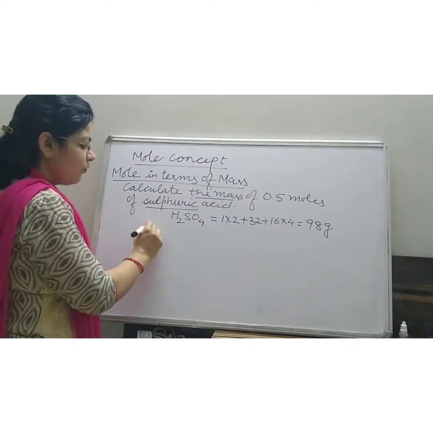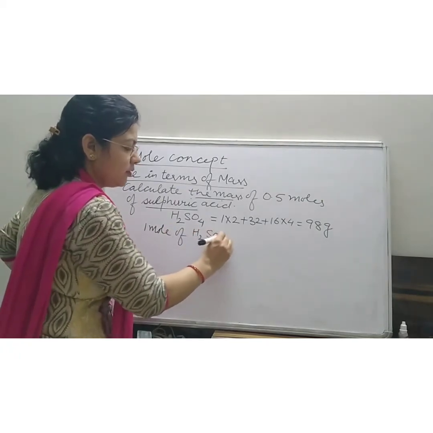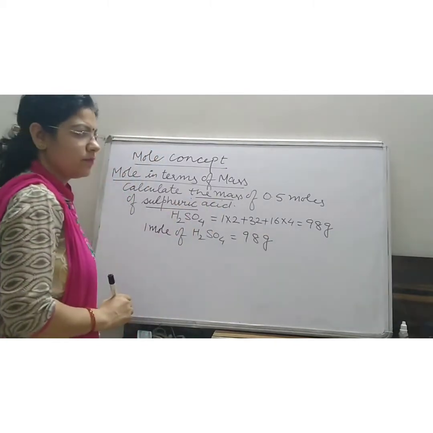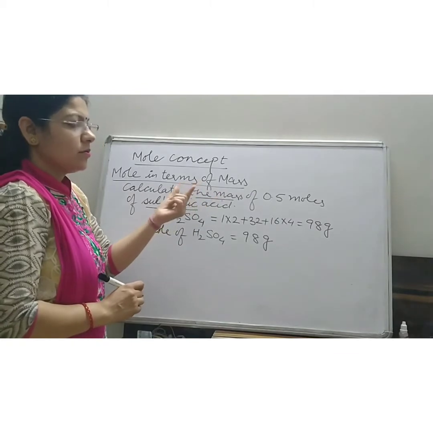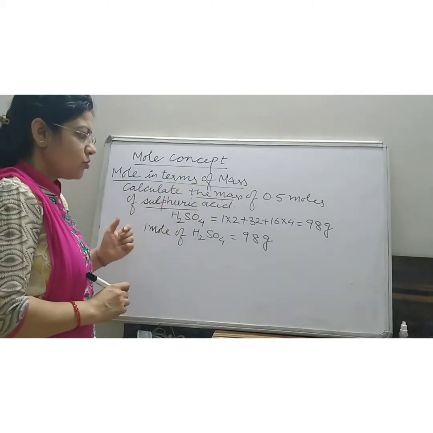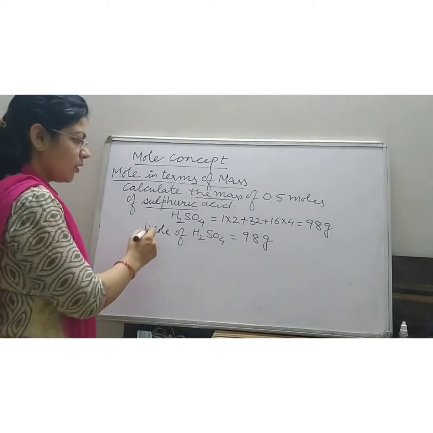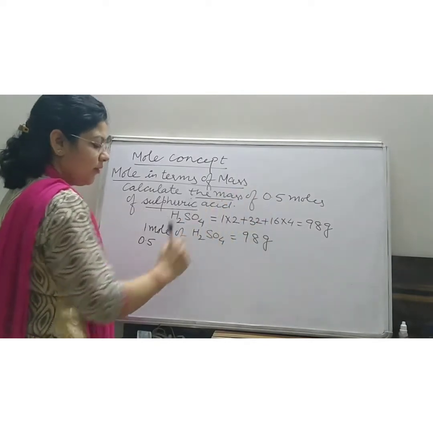So, 1 mole of sulfuric acid is equal to 98 grams. Next, we calculate for 0.5 moles.